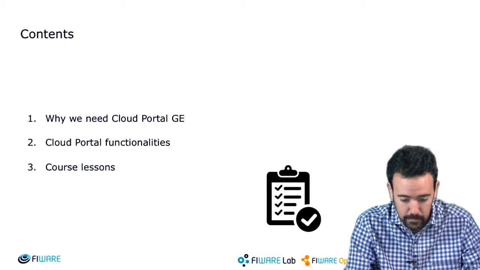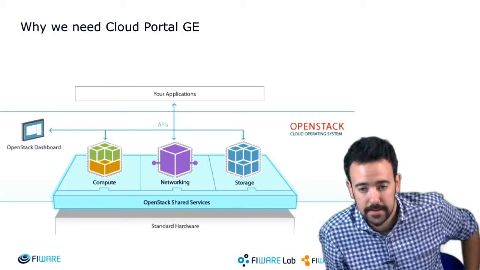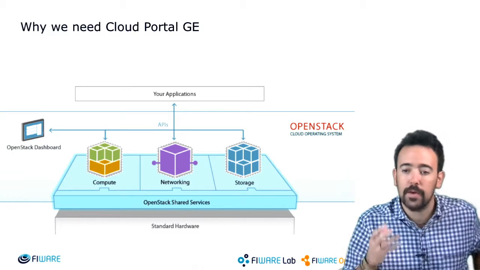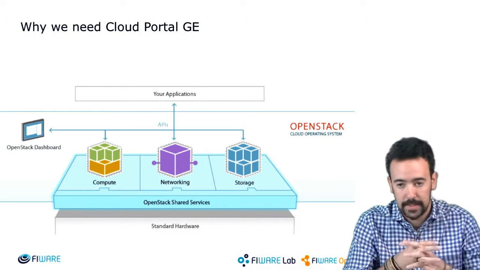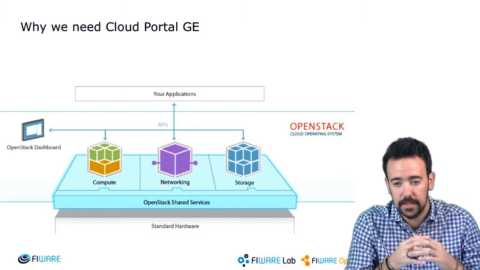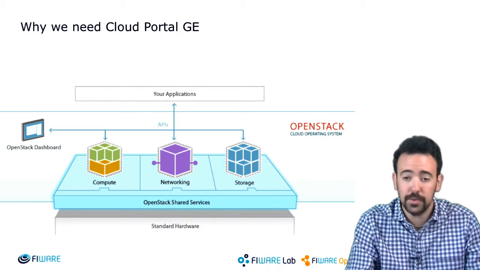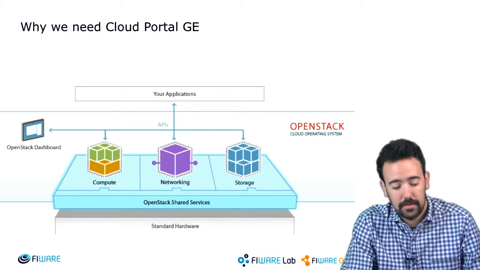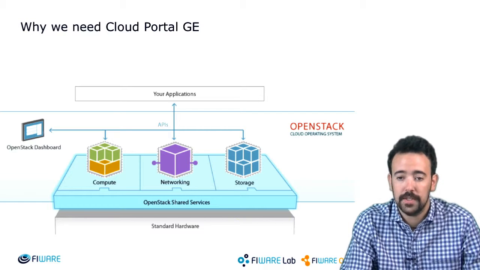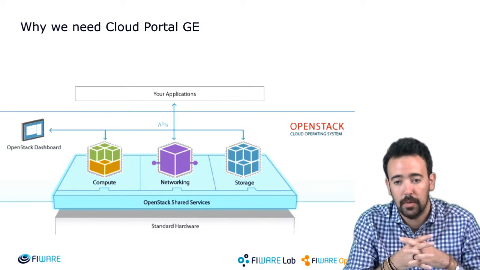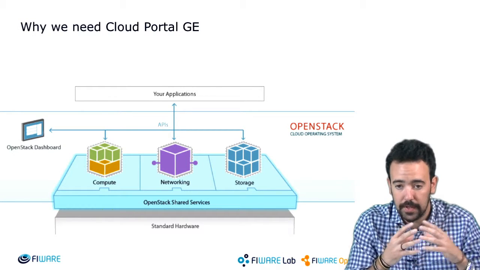Finally, I will explain how this FIWARE course will work. So the first thing is to try to understand why we need the cloud portal in the cloud hosting chapter. As you know, cloud hosting in FIWARE is totally based on the OpenStack project.